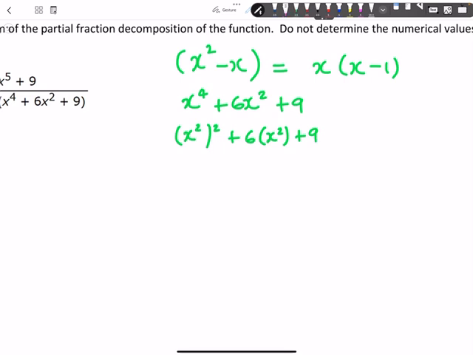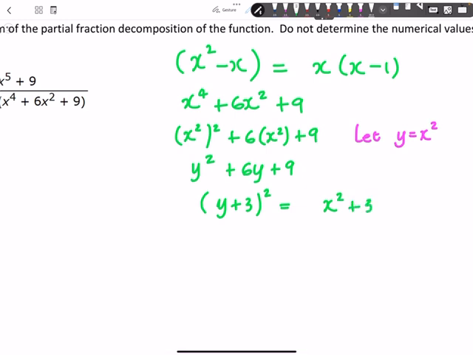To make this easier to see, let y be equal to x squared. If we make this substitution, this is just y squared plus 6y plus 9. Now we can see this is a perfect square. This will factor into y plus 3 quantity squared. And then lastly, let's back substitute so we get this in terms of x. So we could write this as x squared plus 3 quantity squared.